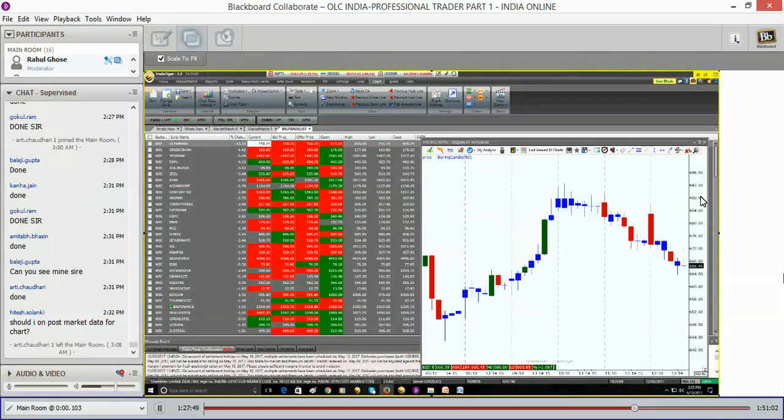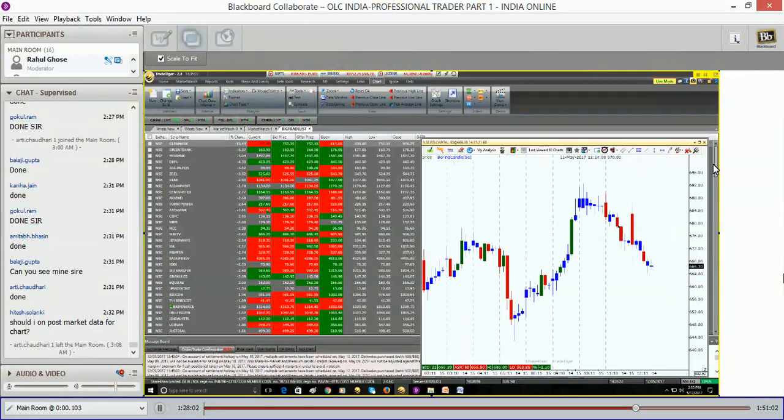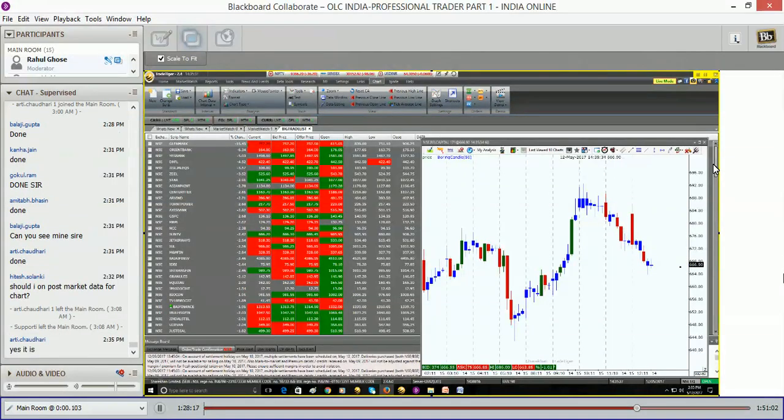Aarti, can you just check if your settings are the same as mine, or are you using an old version of Trade Tiger? Because your graph, see, this is my graph, what you're seeing on my screen. I have a feeling your graph is a little different from mine. I think your settings are not the same. Yeah, Balaji, now can you mark it, please?